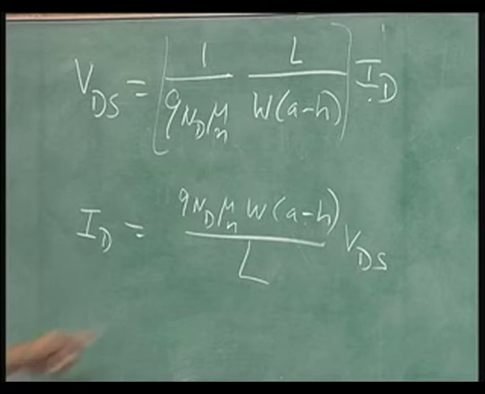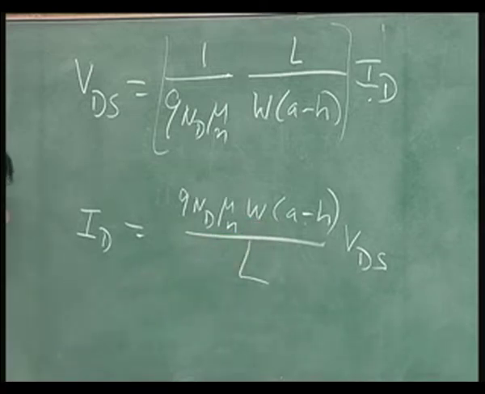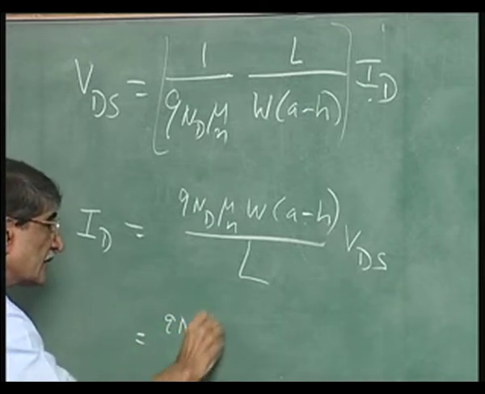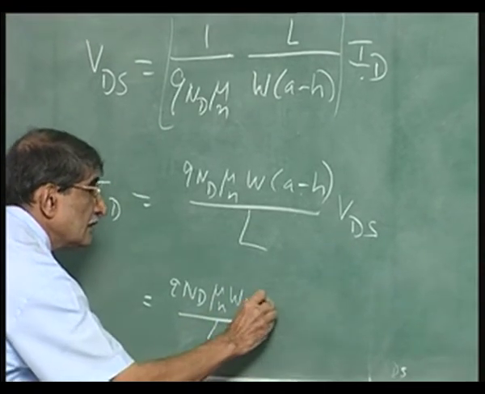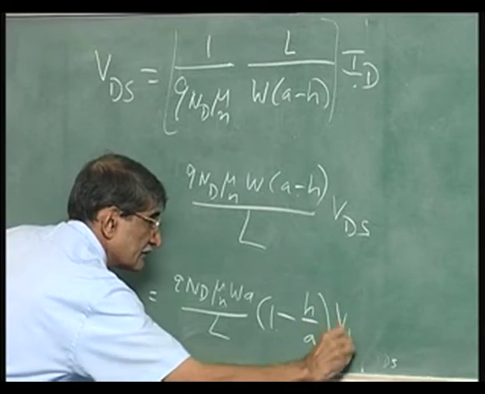Okay. What I did is I pulled out this A and you get q n d mu n W into A divided by L into 1 minus H by A into VDS.